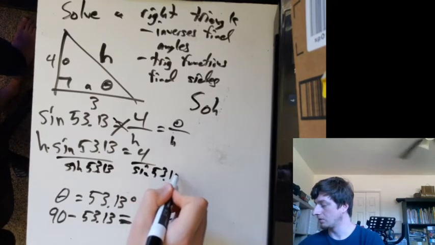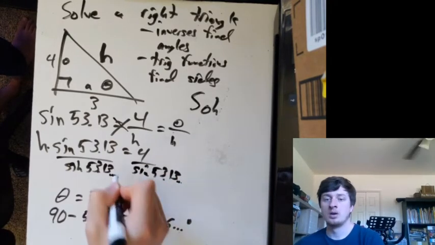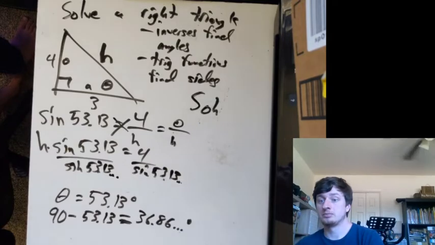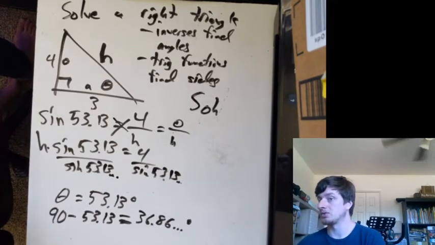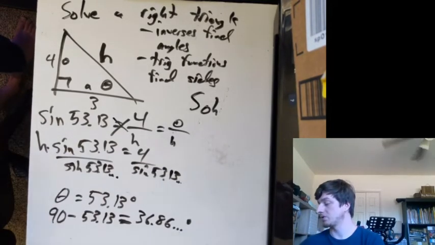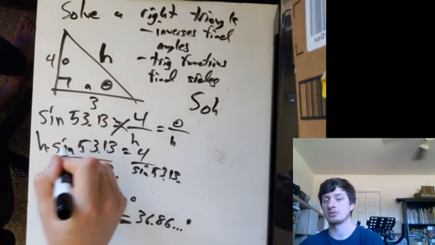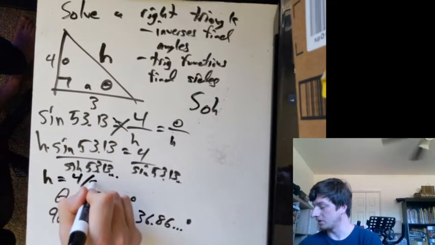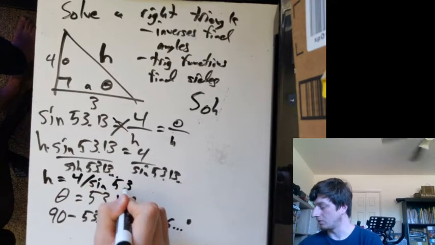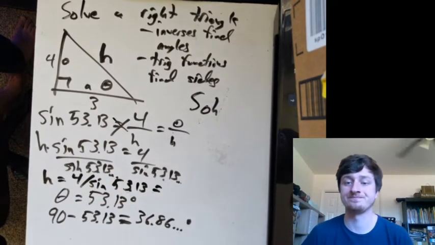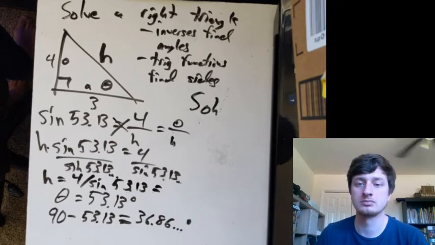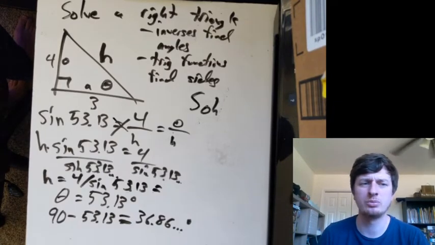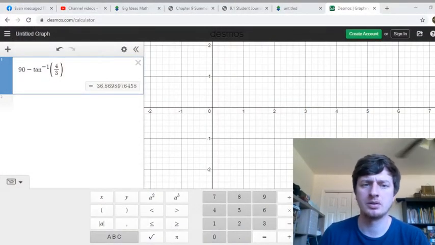And remember, sine is not a variable. It's a number when it has a number inside of it. It's a function, so when we put something inside of sine, we get a number out. So here, we're going to get h equals 4 divided by sine 53.13. I've run out of room on the whiteboard.